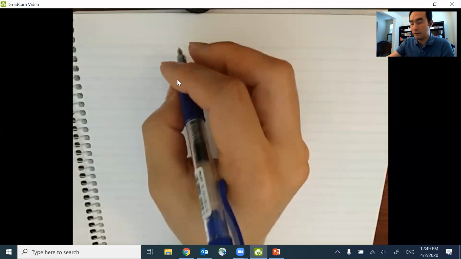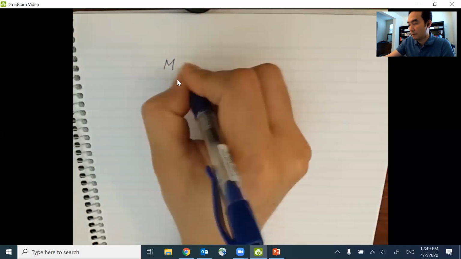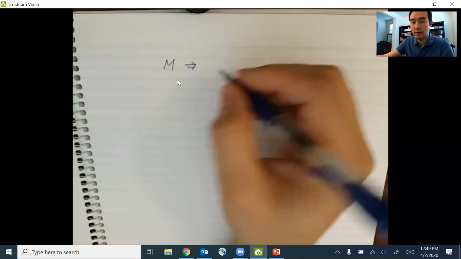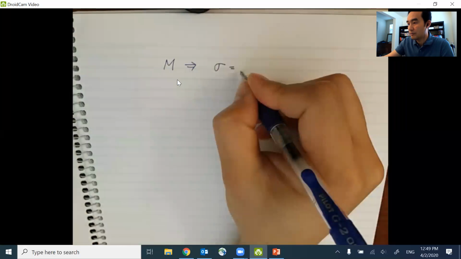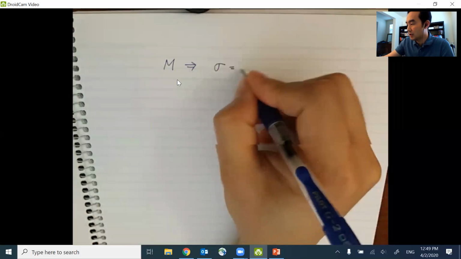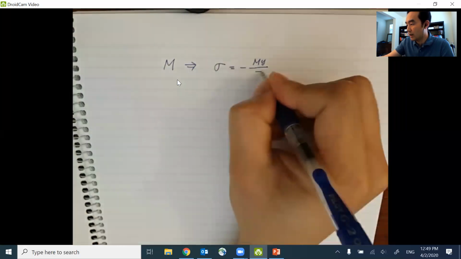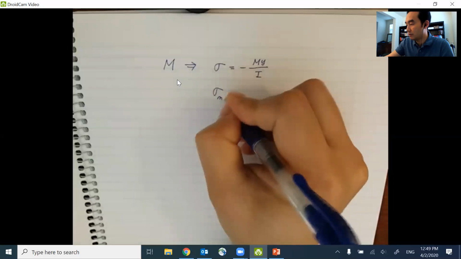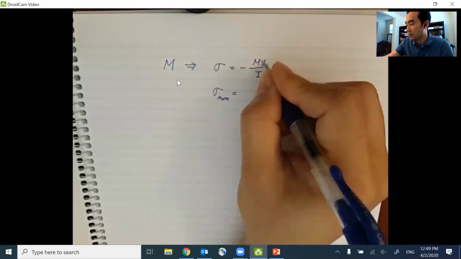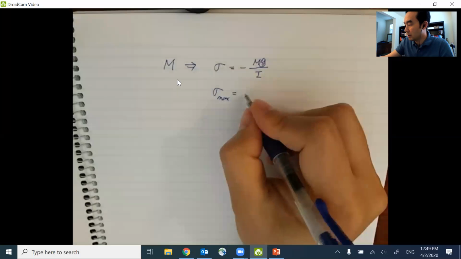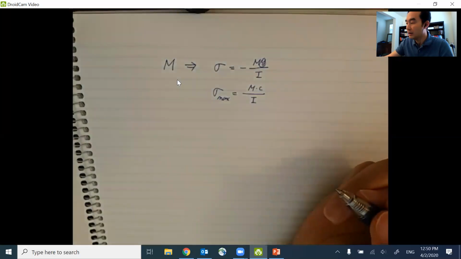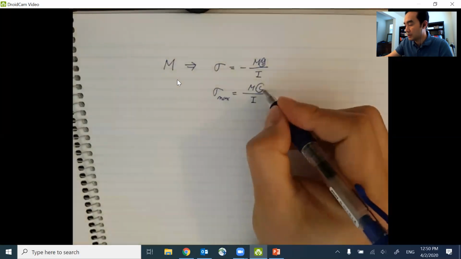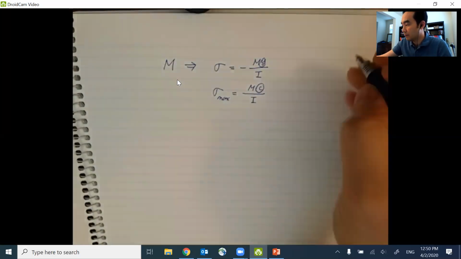When we have the moment given, we should be able to find the corresponding bending stress, sigma. The typical bending stress is negative My over I, and at the maximum value, when you maximize this y value, it is going to be Mc over I. And this maximum y, which is c, comes from the cross section.